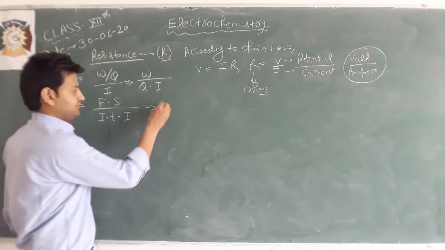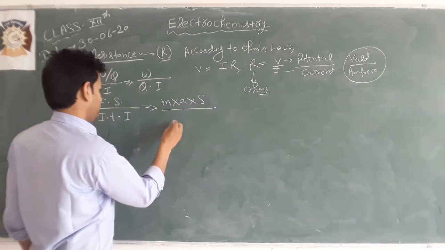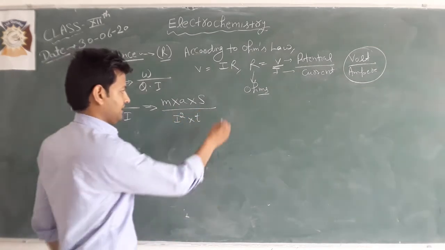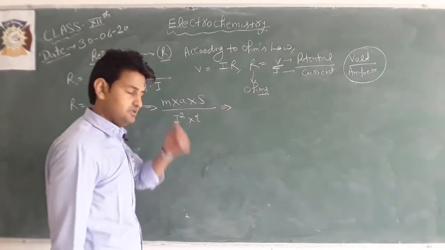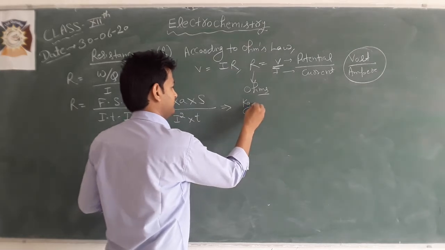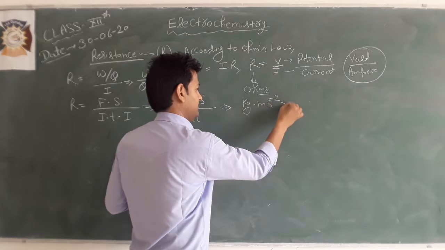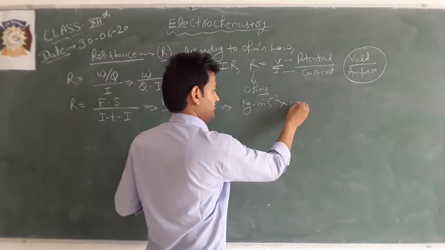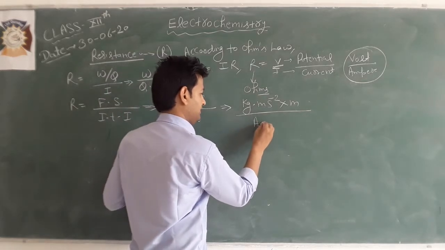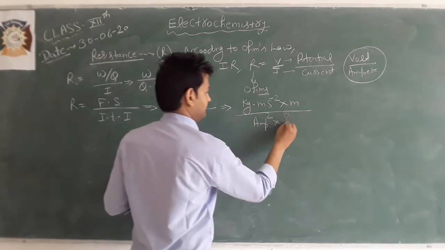We know force is equal to mass into acceleration, into displacement, over I square into T. Now from here we can derive the unit of resistance. Mass is kilogram, acceleration is meter per second square, displacement is meter, divided by current, which is ampere square, and time is second.